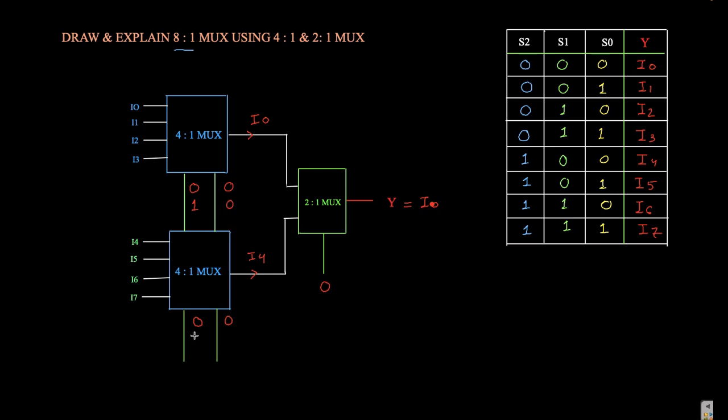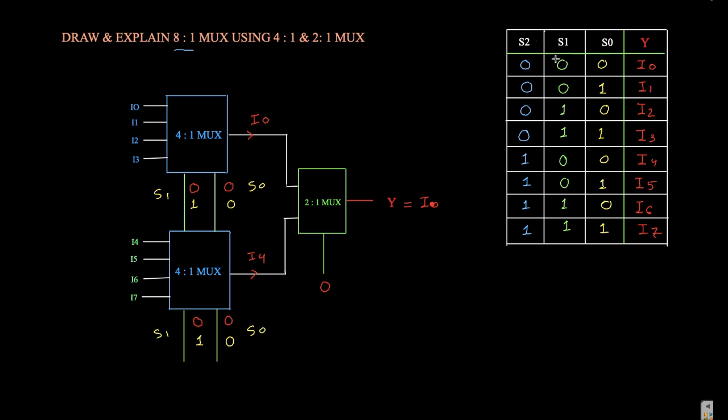Let me just change the color first. If it is 1 and 0, then this is also 1 and 0. Now what is the output? Depending upon this select line, the output is dependent. So if this becomes S1 and this becomes S0, then this is also S1 and this is also S0.